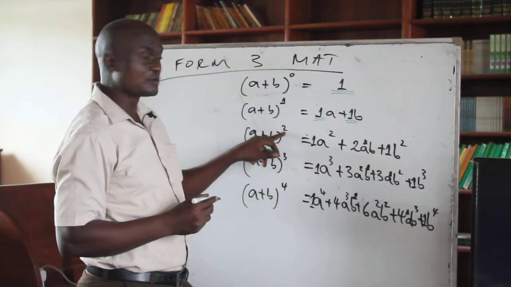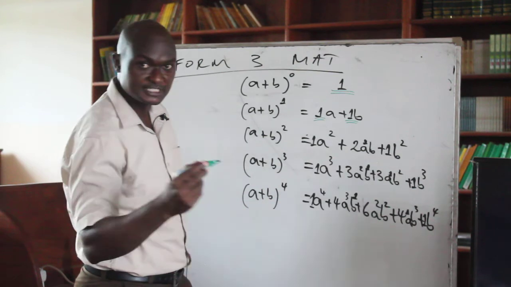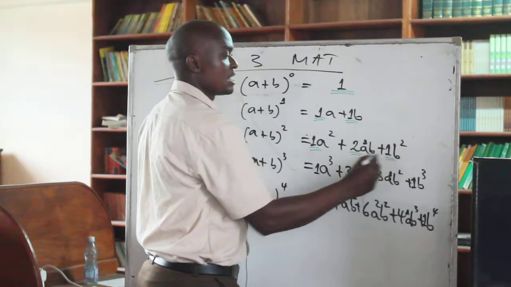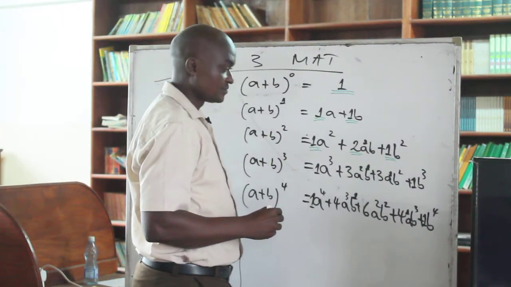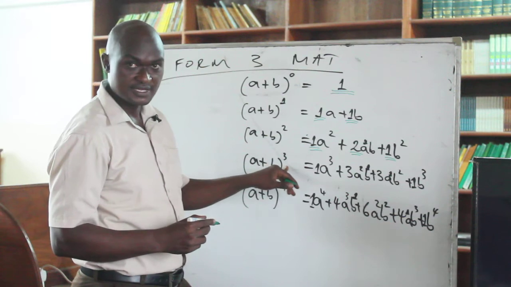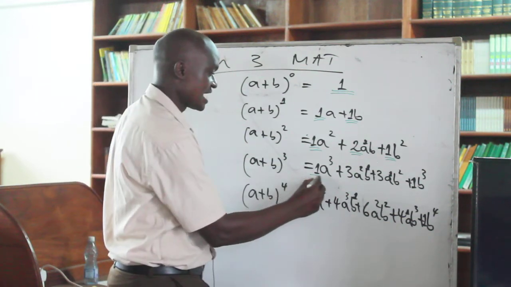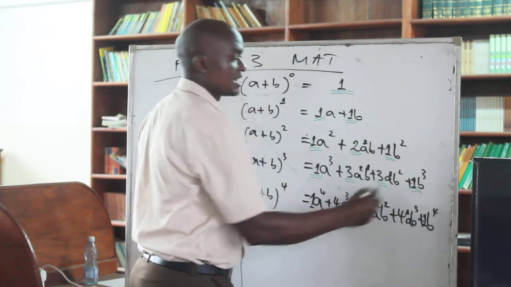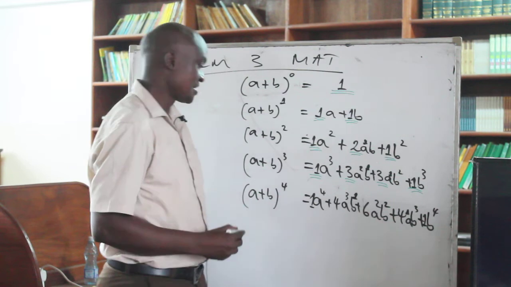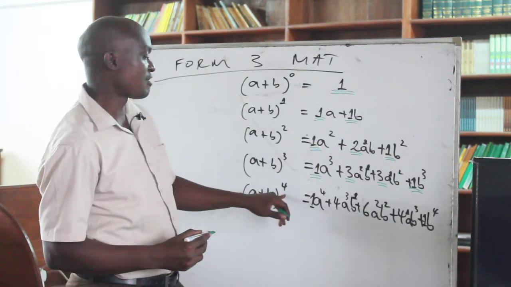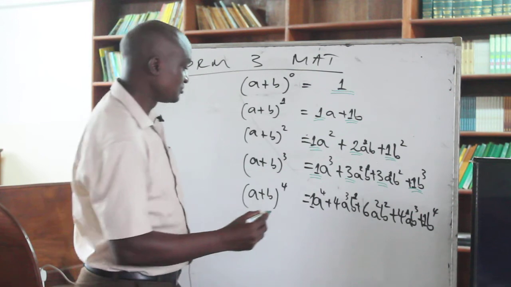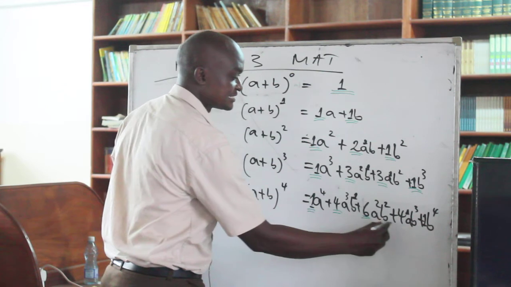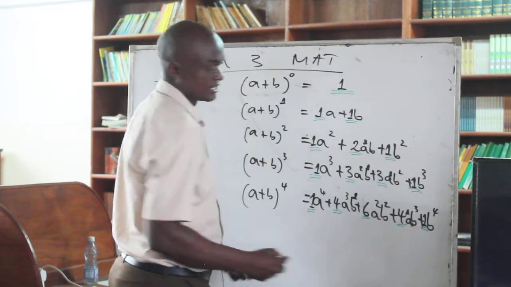When you are raising a binomial expression to power 2, the coefficients you're going to get are 1, 2, and 1. If you raise it to power 3, the coefficients are 1, 3, 3, and 1. If you raise it to power 4, the coefficients are 1, 4, 6, 4, and 1.